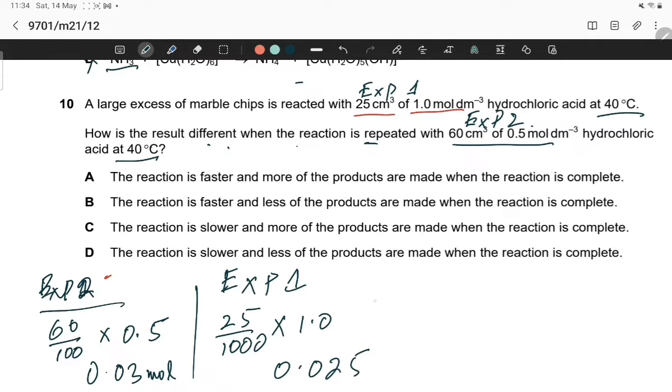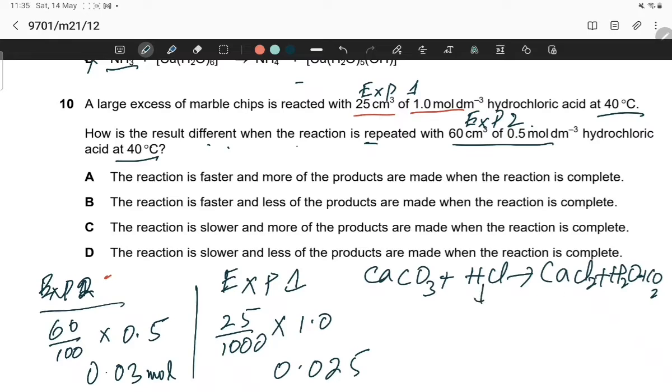The reaction is calcium carbonate plus HCl to form CaCl2, H2O and carbon dioxide. This is limiting and this is excess. So the reaction is faster and more of the products are made when the reaction is complete.